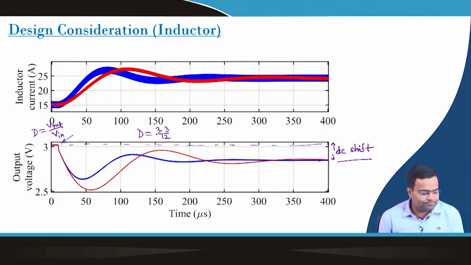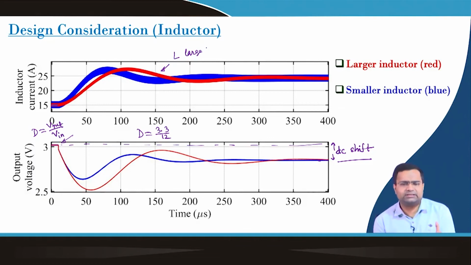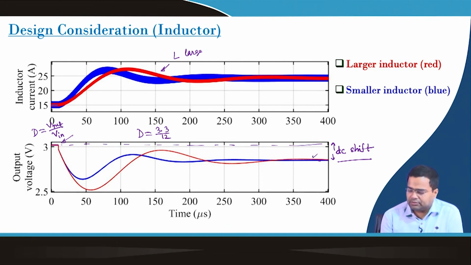You can see the red trace corresponds to L large, that means a larger inductor, and it is consistent that we are getting a smaller ripple, but the average is independent of the inductance value, and the average voltage also remains the same for the two different values of inductor. The blue trace corresponds to L small, where the ripple is larger.